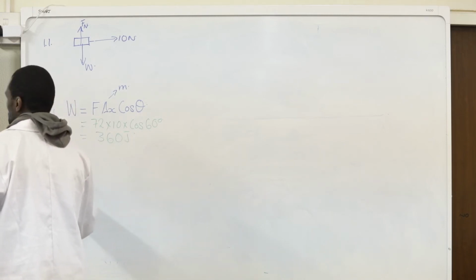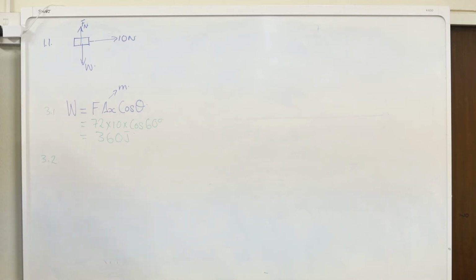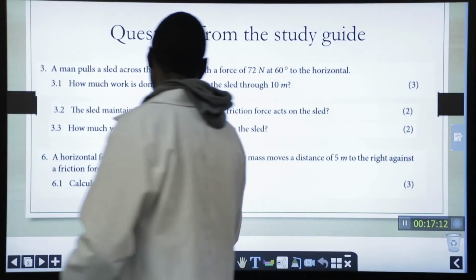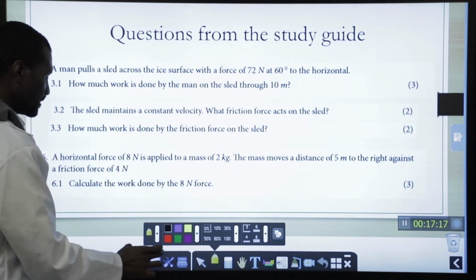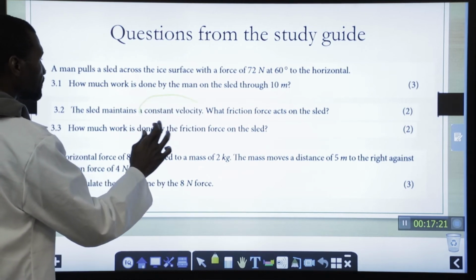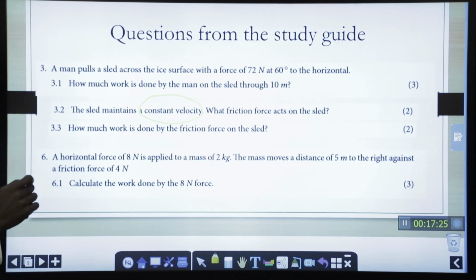Okay. 3.2 says the sled maintains a constant velocity. We have met this a number of times. Do you remember my emphasis each time we talk about a constant velocity? What frictional force acts on the sled?